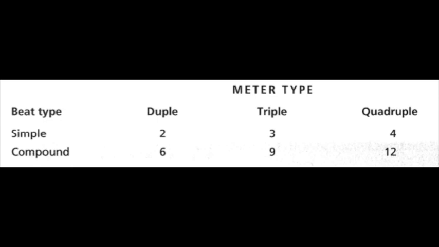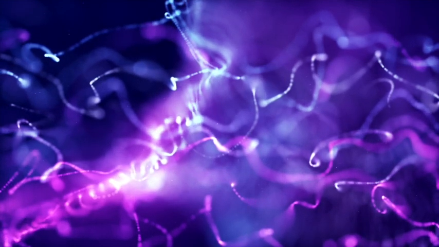In compound triple, there are 9 beats that get felt in 3. And in compound quadruple, there are 12 beats that get felt in 4. If you understand the word subdivision, another way of thinking of it is simple time subdivides into 2s, and compound time subdivides into 3s.